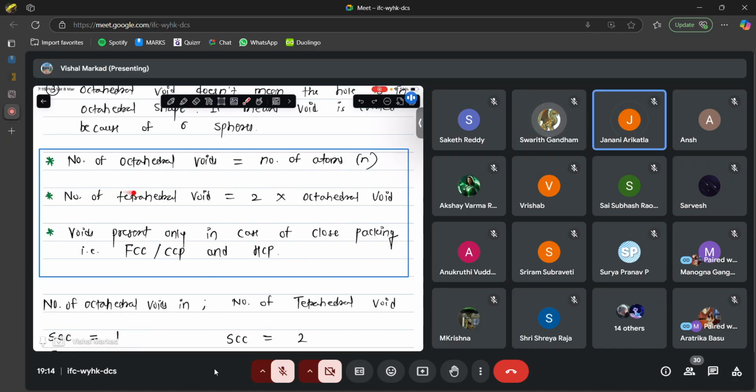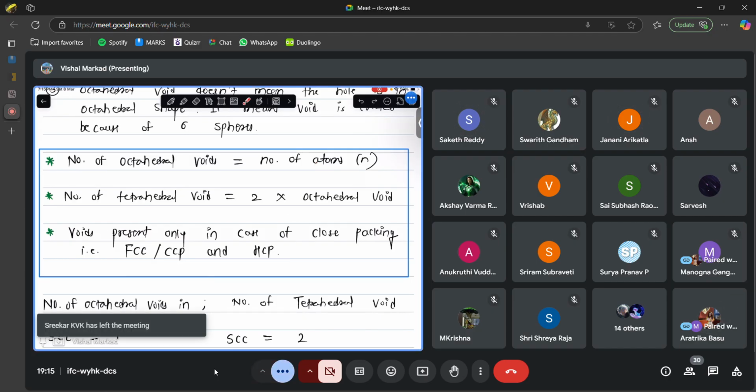And the number of tetrahedral voids is 2 into the octahedral voids. So how many tetrahedral voids are present in FCC? First, 2 into octahedral voids. The n value for FCC is four, so octahedral voids will be 4 and tetrahedral voids will be 8.